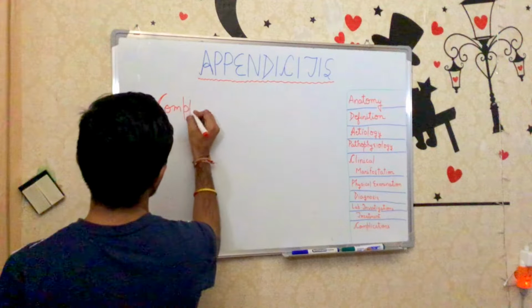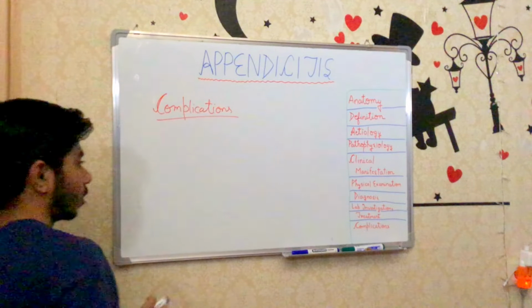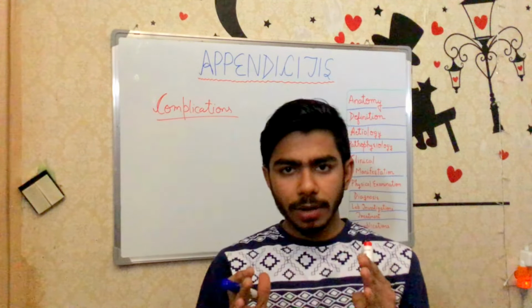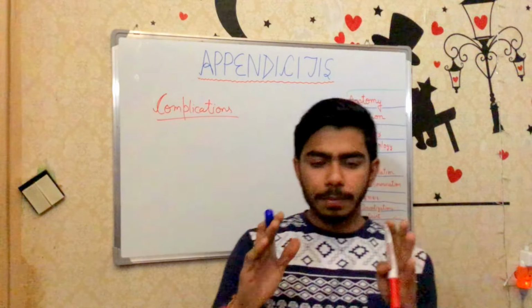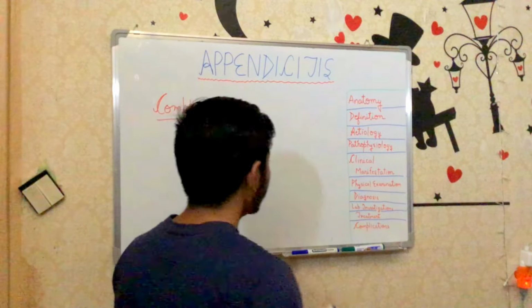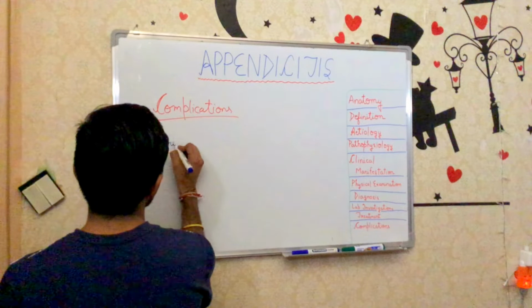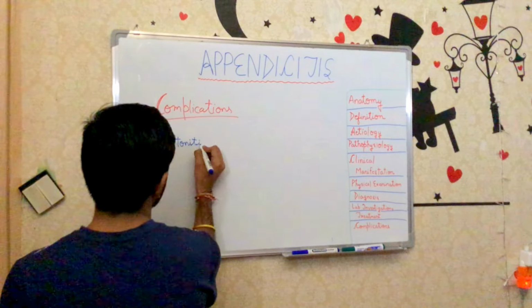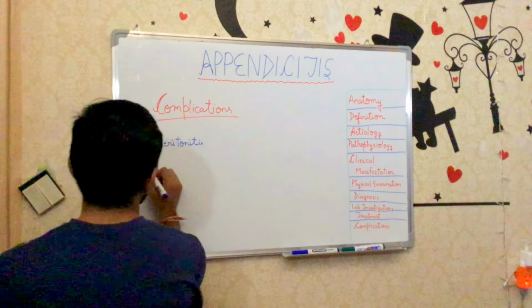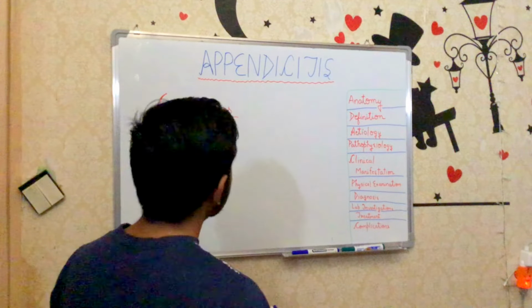If there is more obstruction of the appendix, and the appendix is going to inflame, the epithelium of the appendix is going to degranulate and become thinner and thinner, which may cause rupturing of the membrane of the appendix, and which can cause complications like peritonitis or abscess.